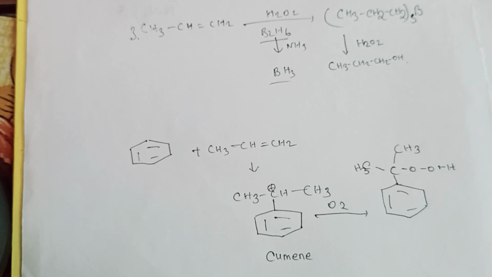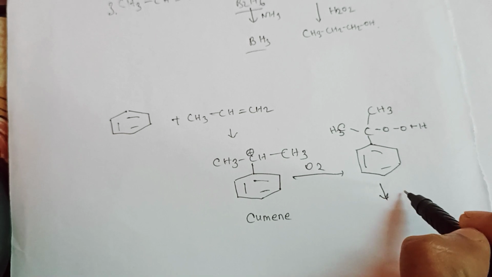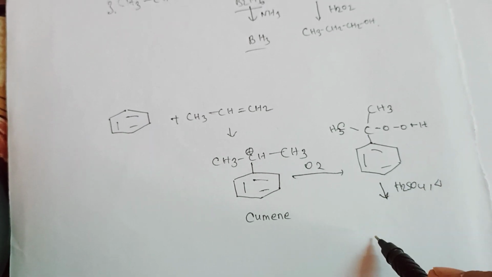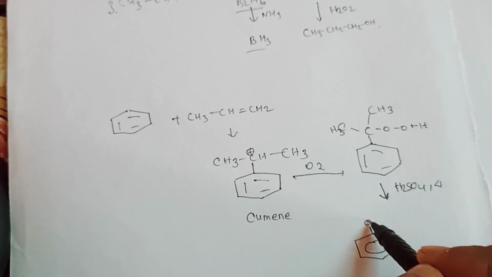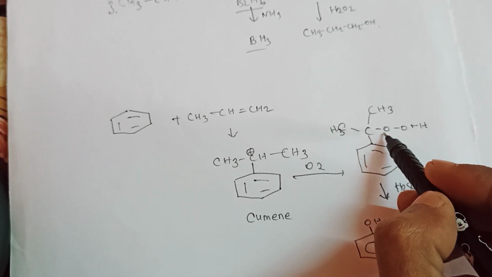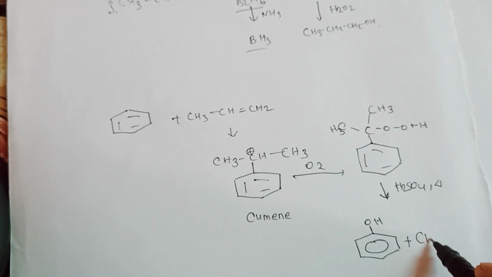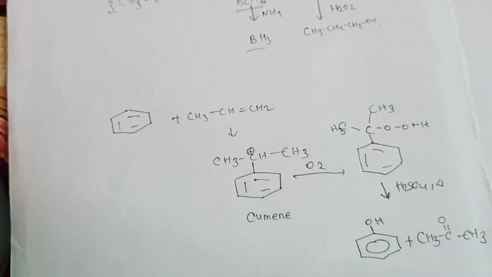Finally, in the presence of H2SO4 or heat, it forms phenol, here the OH phenol group, and the other product is CH3COCH3, that is acetone or ketone. Okay, this is the cumene reaction.